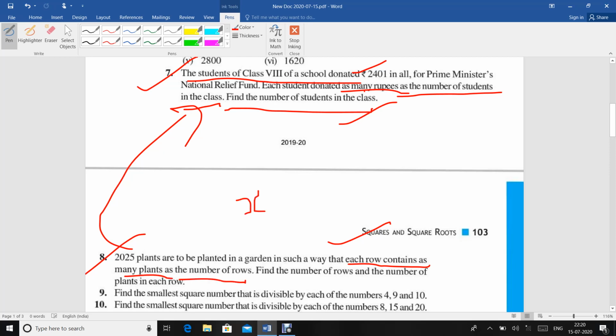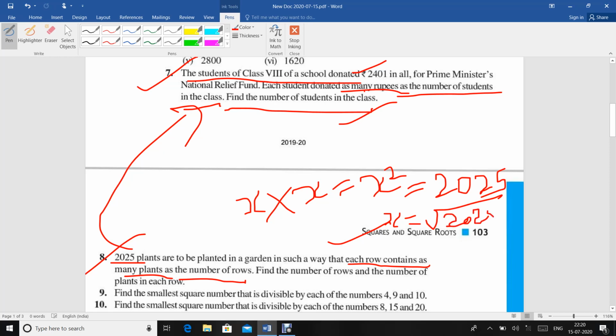So total number of rows are x. If total number of rows are x, then plants in each row also are x. This will equal x square. But the question is saying plants are 2025. So we will put x square equal to 2025. After that you have to find the square root of 2025, and that will be the answer for question number 8.